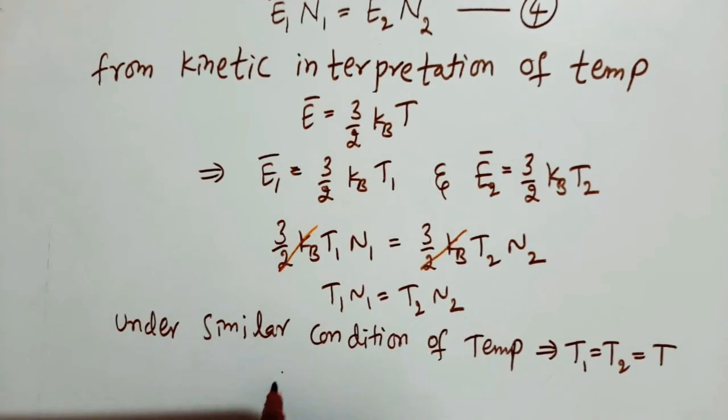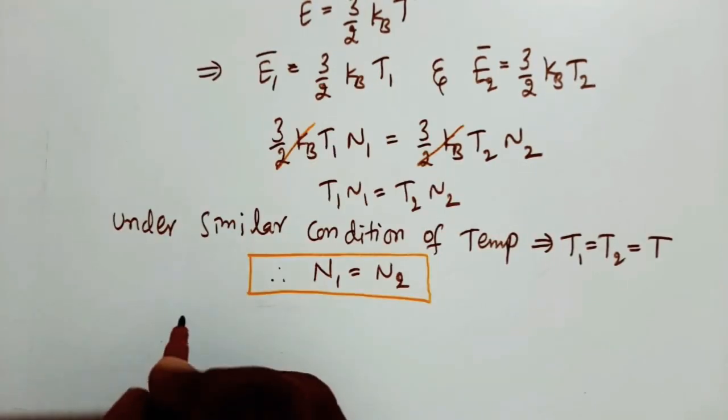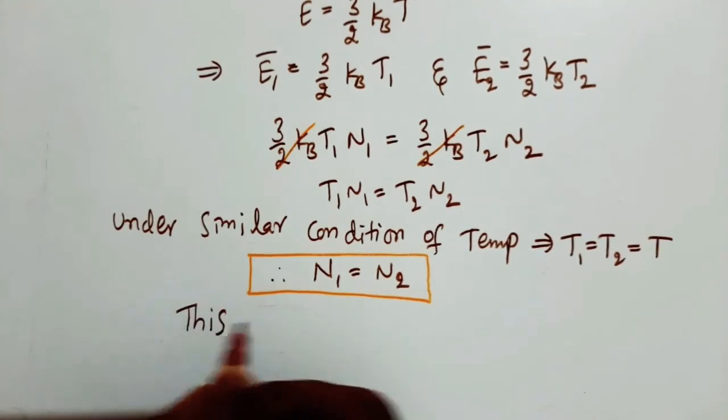So we get n1 is equal to n2. So this is known as the Avogadro hypothesis.